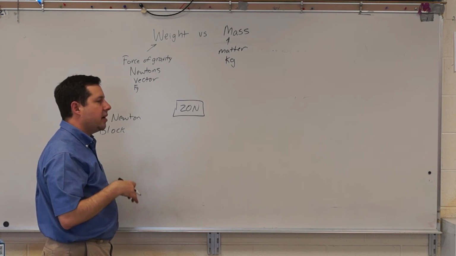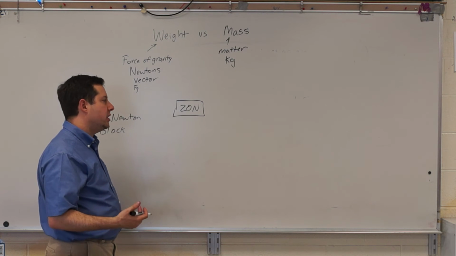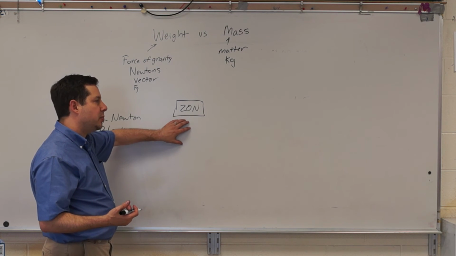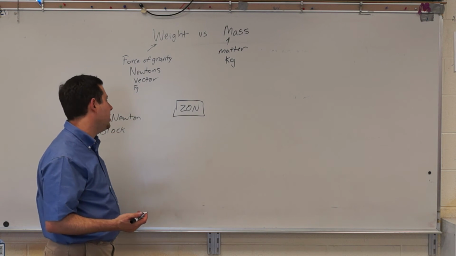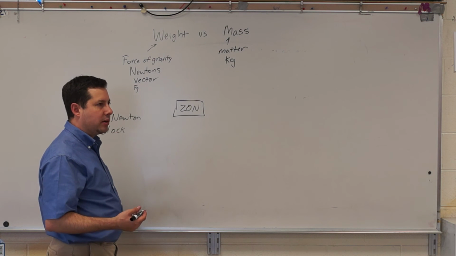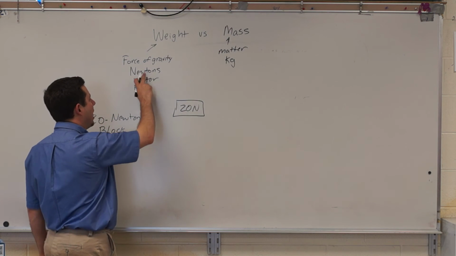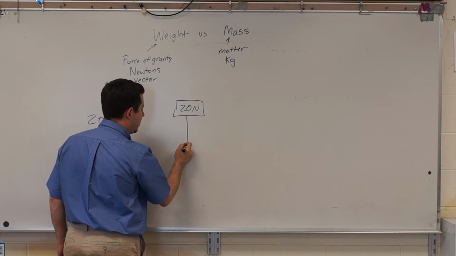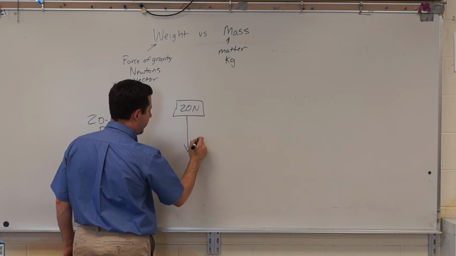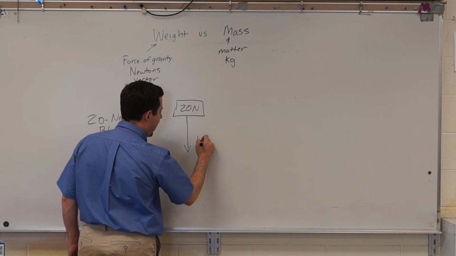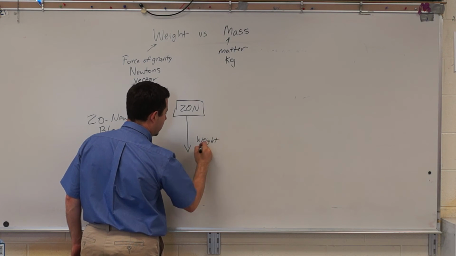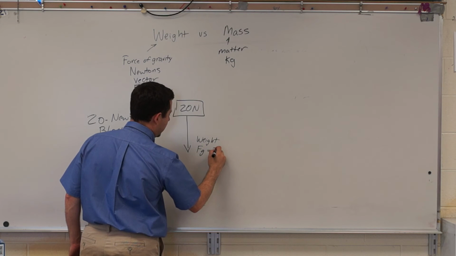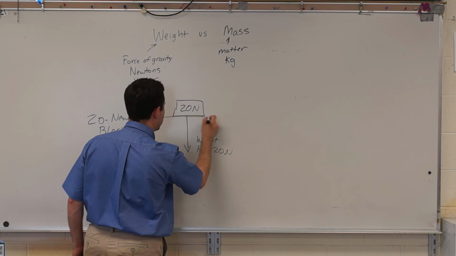So that's almost like an adjective being used to describe this block. We have to ask ourselves, what does it mean? Well, newtons is a force, right? So this 20 Newton block has clearly got a force of gravity of 20 newtons. So if we draw this as a free body diagram, we could say the weight, F sub g, is equal to 20 newtons.